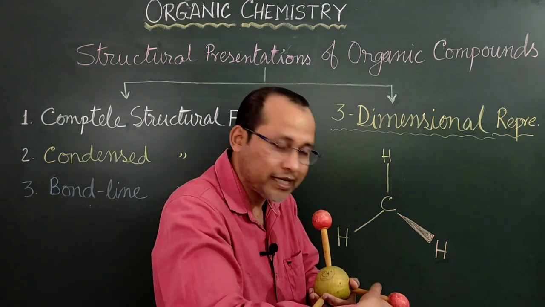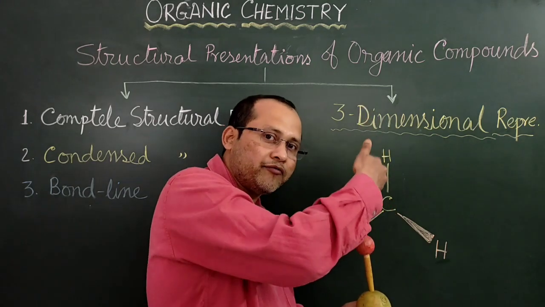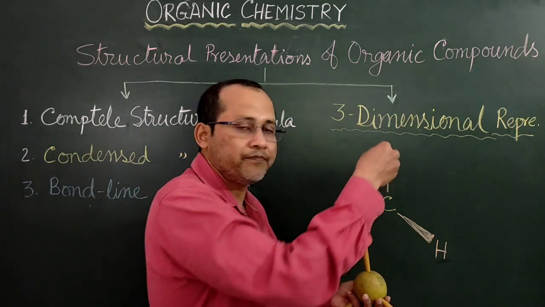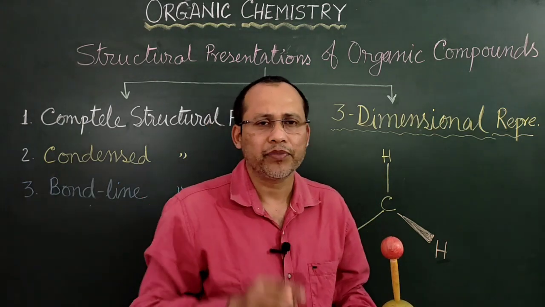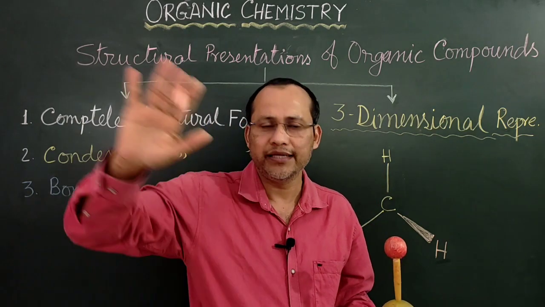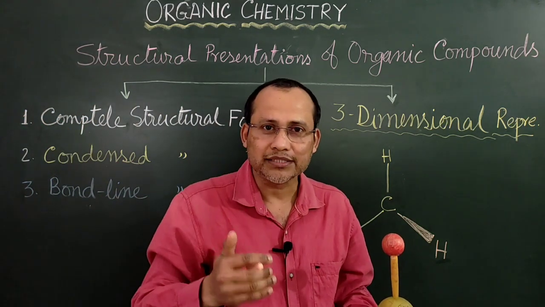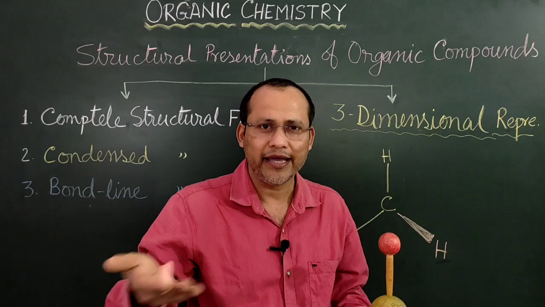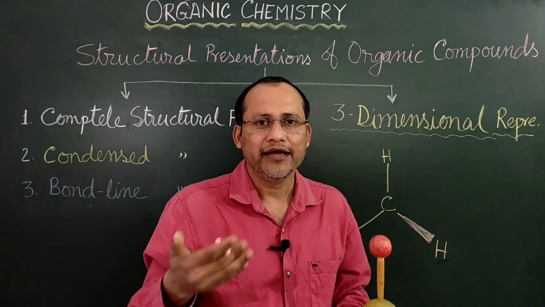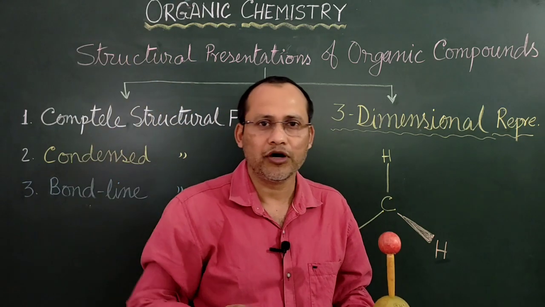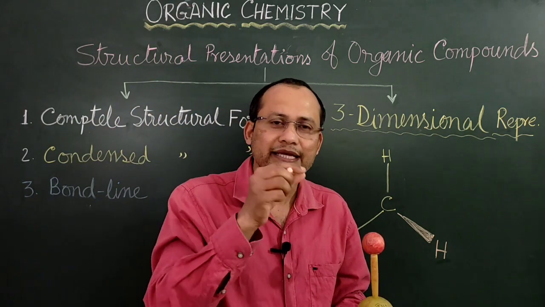Now come to this hydrogen. What will happen for this hydrogen? Since this is away from you, it will be on the rear side. Now let us consider one general thing. Any substance we see in reality which is closer to us appears larger, and if the same substance is taken far away from us, then we see it smaller.